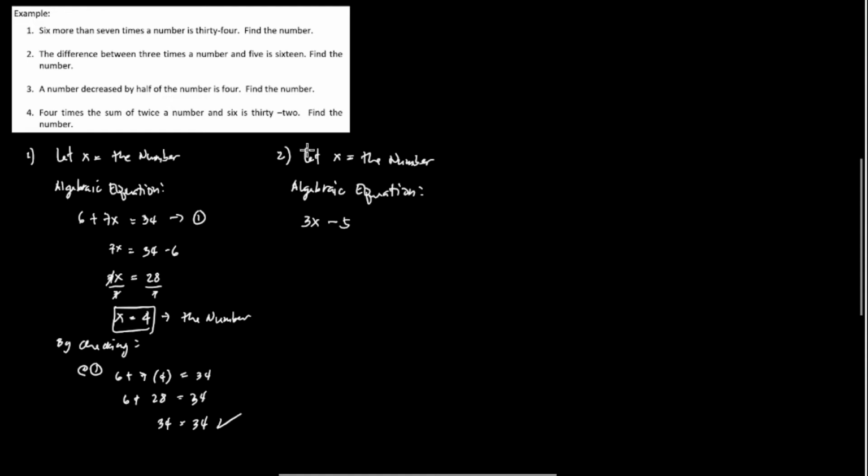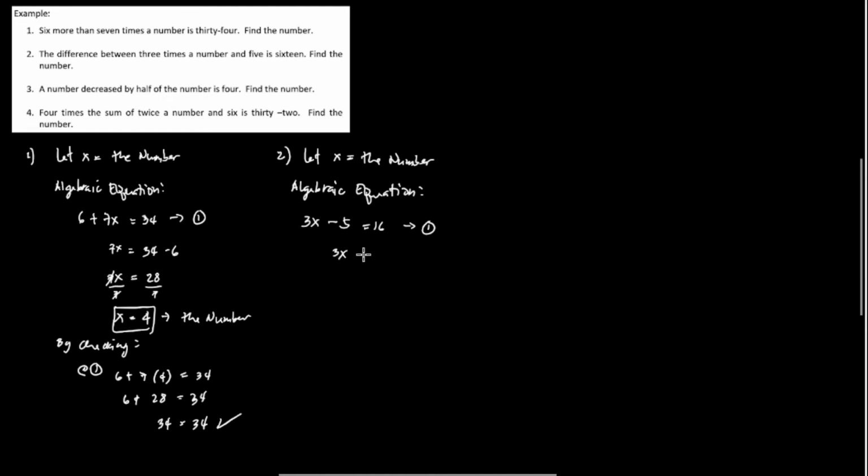which is equal to 16. So 3x is 3 times a number, and difference, which is negative sign, and 5, and it is equal to 16. And this is equation 1. And we will now find the number.